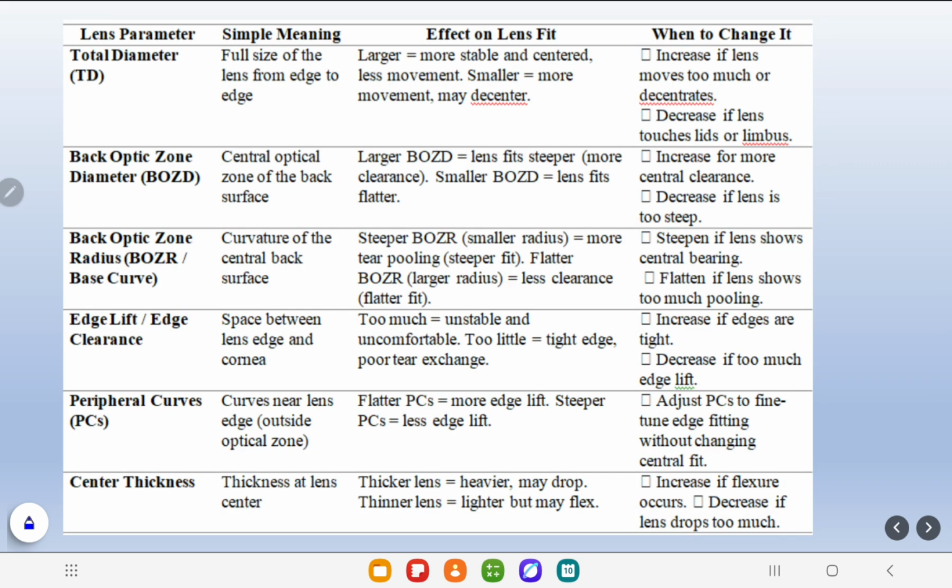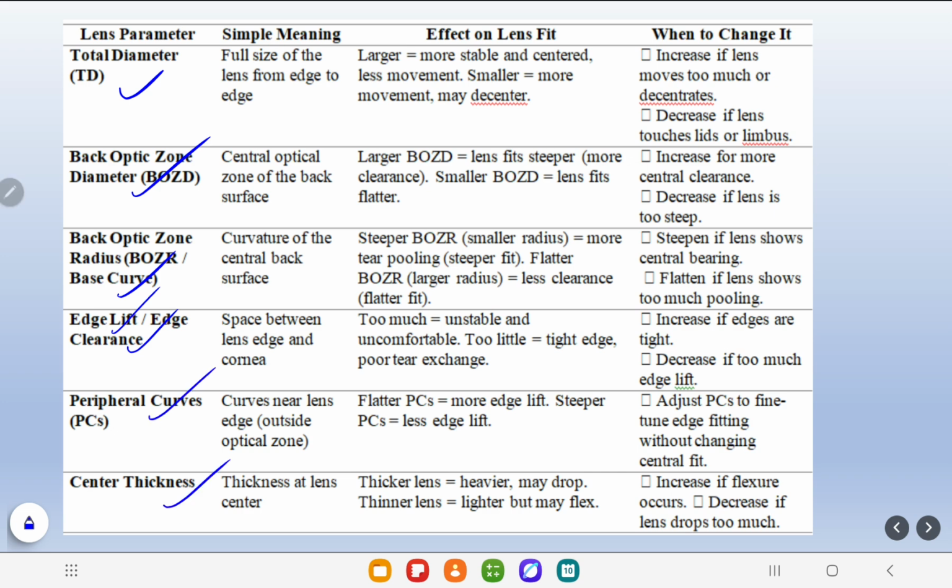Then again, these are the things which are important for the design of the contact lens. Basically, what we were talking about in design: total diameter, BOZD, BOZR, which is another name for the base curve, edge lift and edge clearance. Obviously, these are two different things, but we're talking grossly, clinically, the same way.